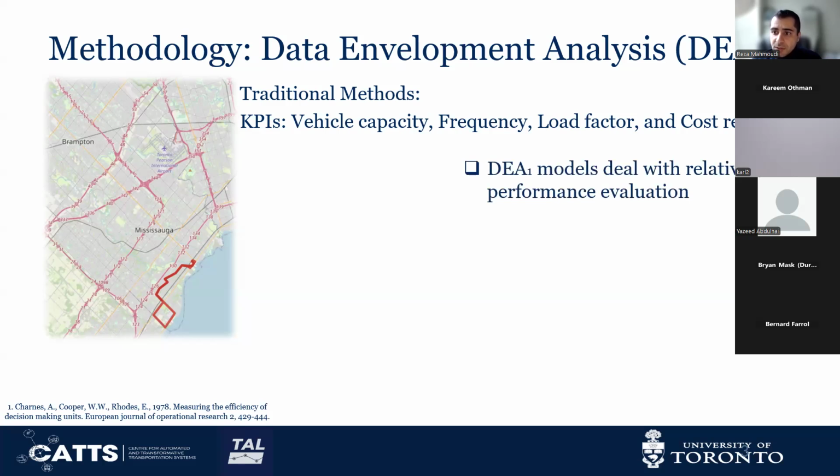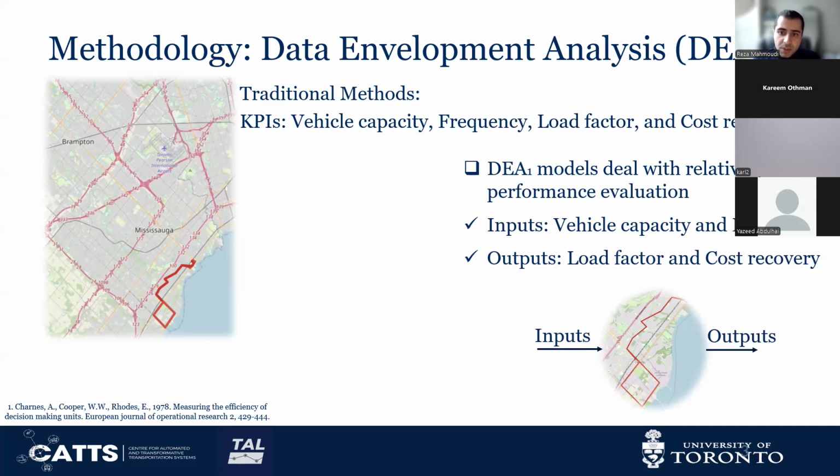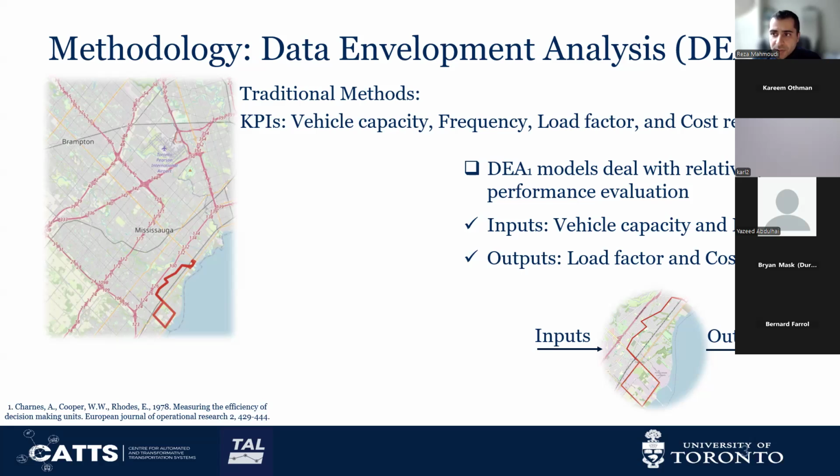DEA models deal with relative performance evaluation. They first categorize KPIs into two different categories: inputs and outputs. Inputs are those KPIs which are kind of costs in our service, and outputs are kind of benefits of our system.